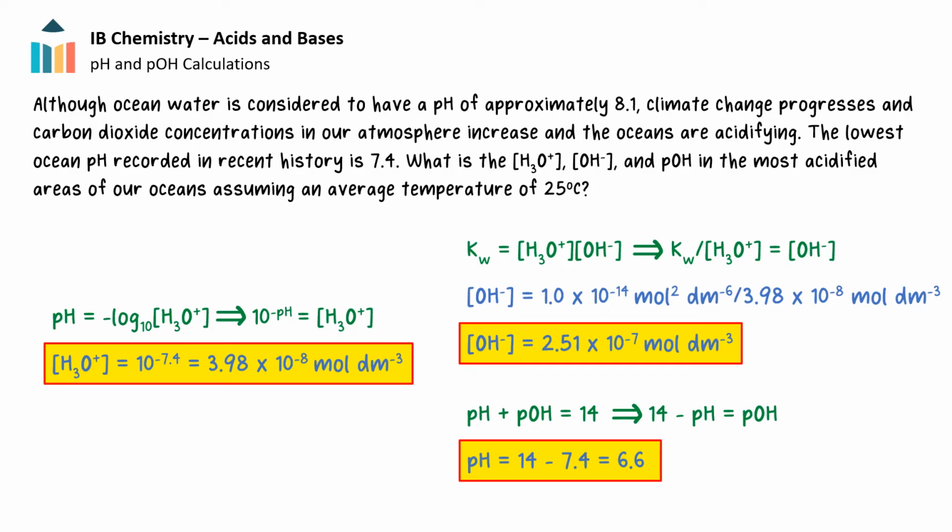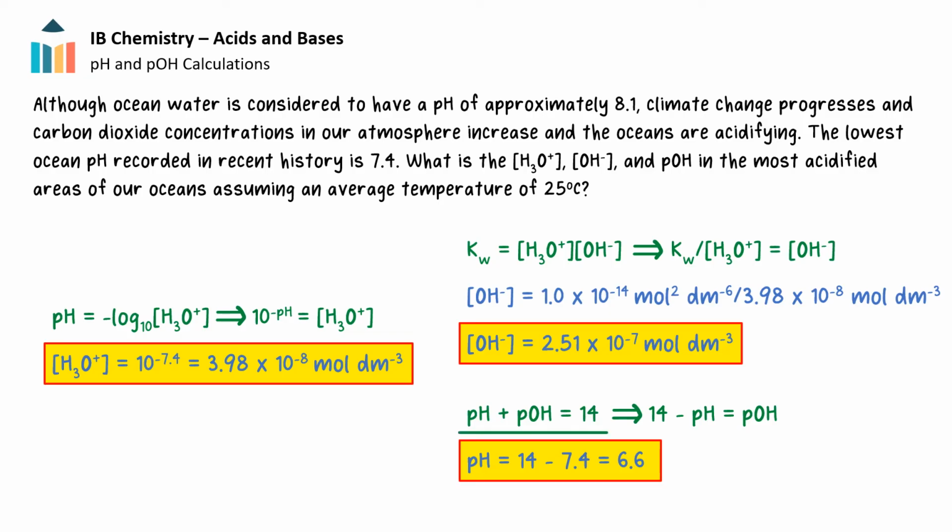If we plug in the values we know, this gives us a hydroxide ion concentration of 2.51 times 10 to the minus 7. And finally, to figure out the pOH, we can use the equation we derived earlier, which is that the pH plus the pOH equals 14. So the pOH is 14 minus the pH, giving us a 6.6 as the pOH.